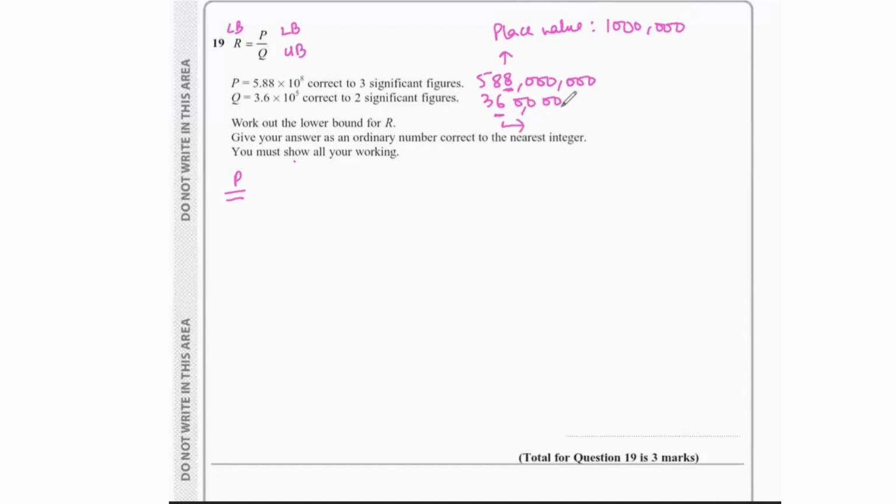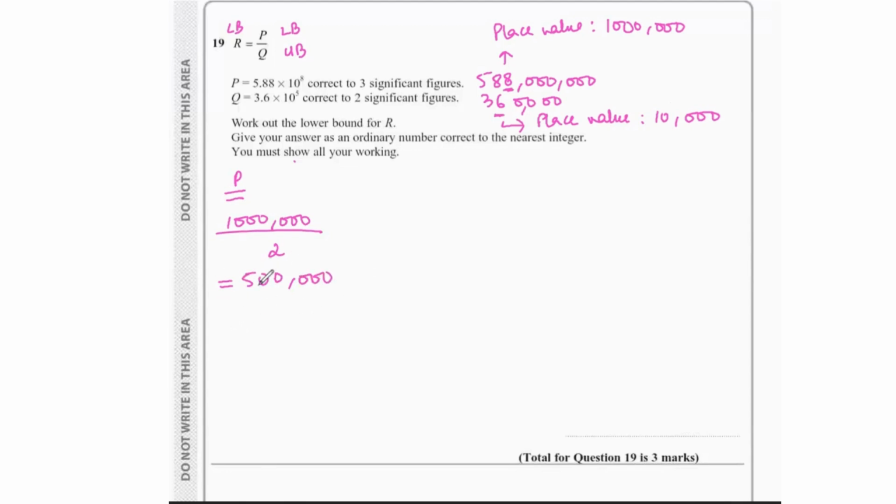And for Q, the place value of this second significant figure is 10,000. So in significant figures, you use the place value of the significant figure they've highlighted and then divide that place value by 2. For P, it's going to be a million divided by 2, which gives us 500,000.